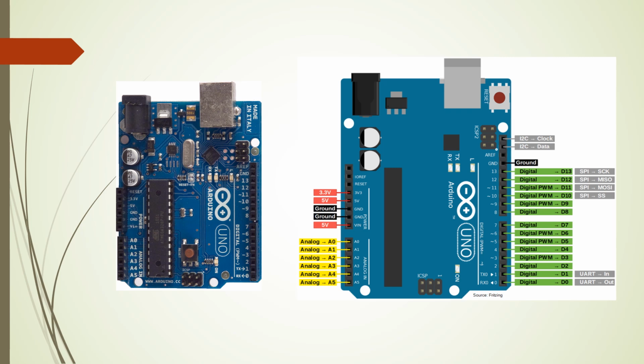Whenever we upload our code, if the LED glows, then we come to notice that the board is working. Otherwise the board isn't working. Here we have transmitter and receiver pins, and from 0 to 13 these are the digital pins, right? And also we have data and clock. This is about the pin description of Arduino Uno.